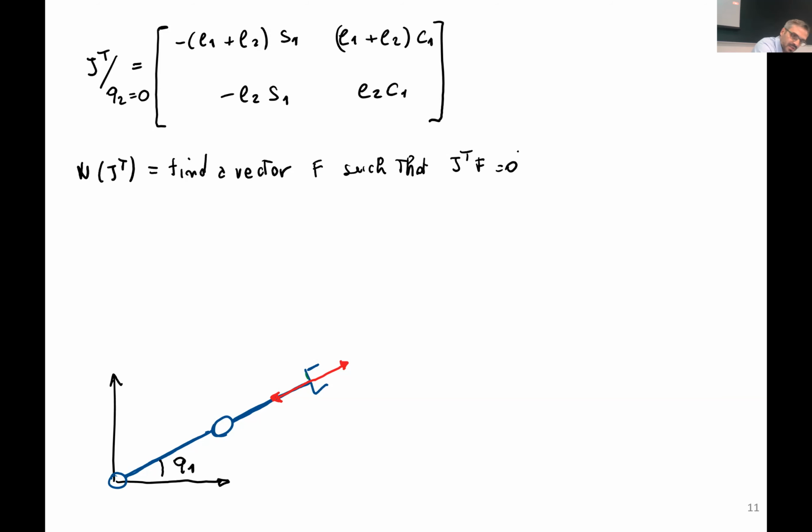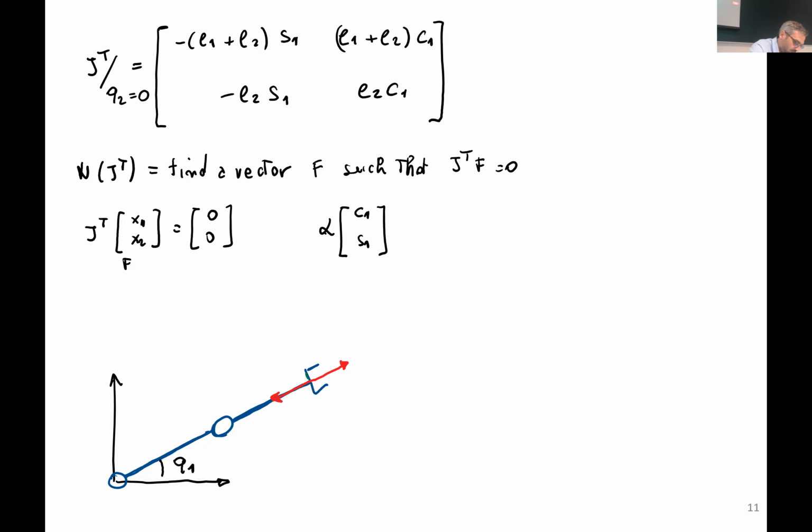And if you have this J transpose, we will see that if you choose this vector to be cosine of 1 and sine of 1, you will have that if you multiply by J transpose, you get zeros.